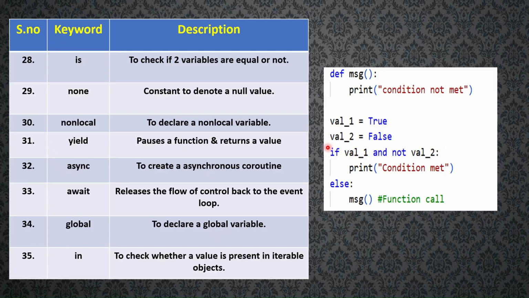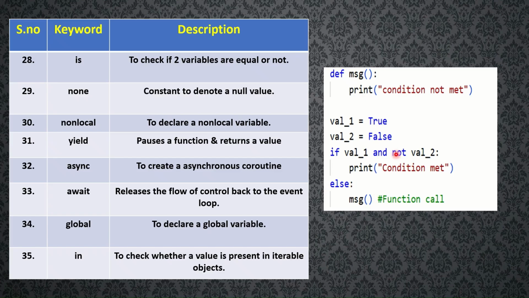So here I have given one condition that checks whether val_one is equal to True and val_two also equal to True. Whenever both values are equal to True, the and operator gives the value True finally. If both operands have the same value, then the condition is met.